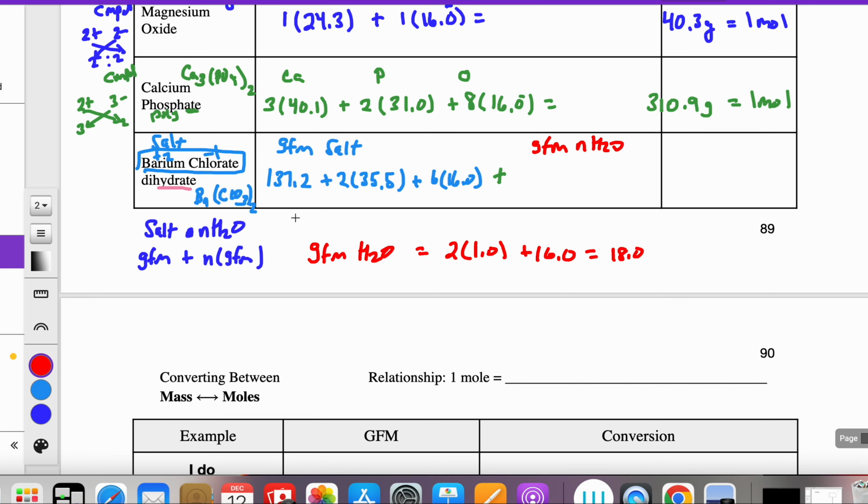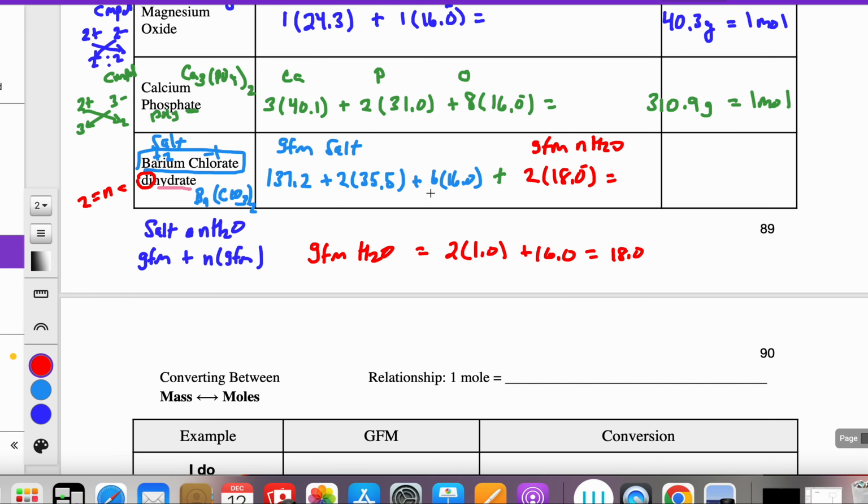N is the number of waters. So right here we have di, that is N, and as you know, di means 2. So I have the GFM part of the salt plus, for N, I'm going to substitute in 2 waters, and each water contributes 18.0 grams.